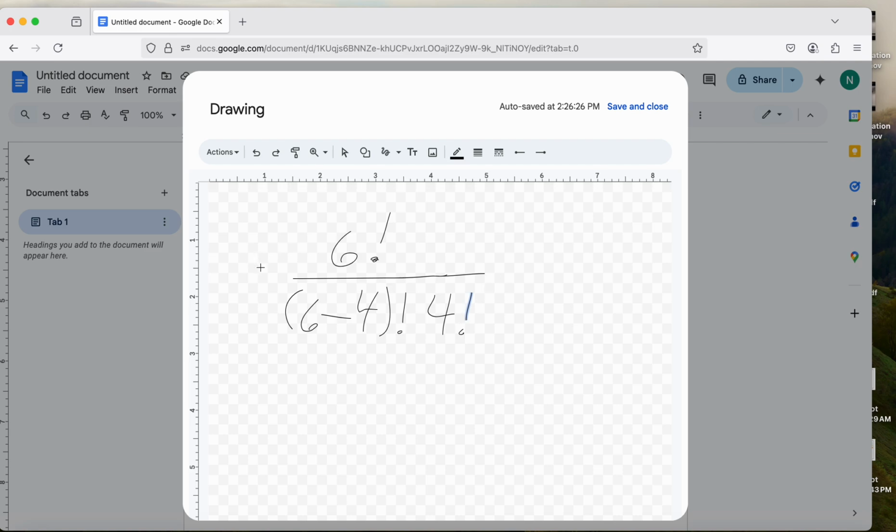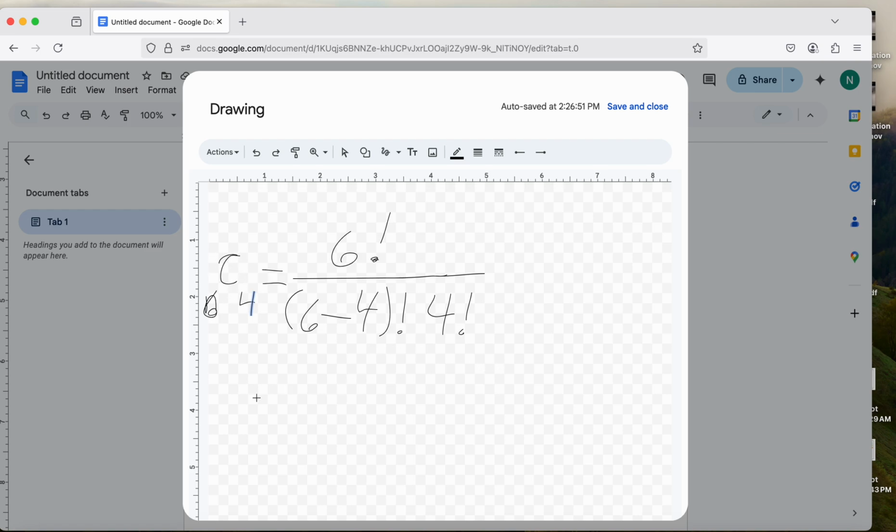And so this is actually the formula if you're doing 6 choose, or combination, 4.